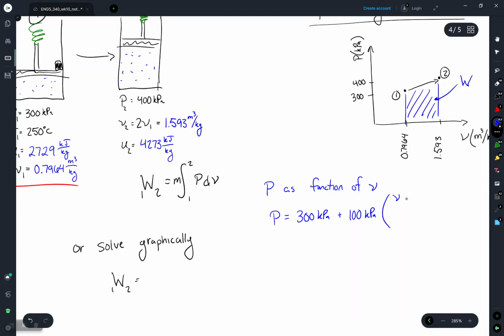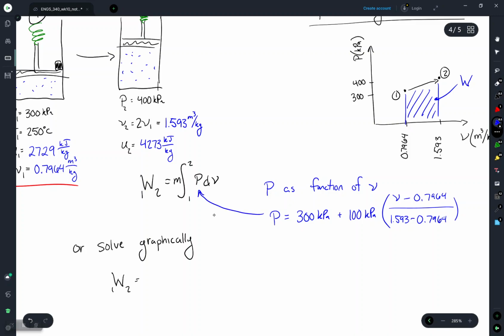So something like V minus 0.7964 divided by 1.593 minus 0.7964. So looking maybe a little bit like linear interpolation. This would give us a function of P as a function of volume.